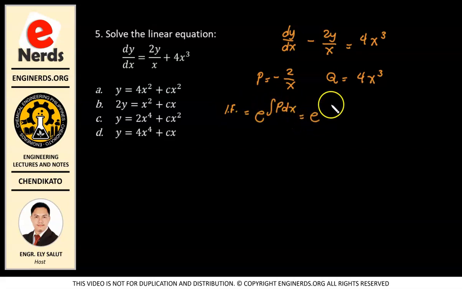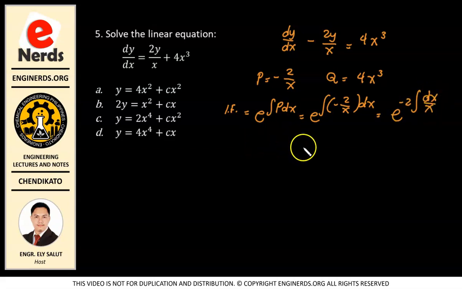So this is equal to e to the integral of p, which is negative 2 over x, okay, dx. Okay, so this is equal to e to the negative integral of, okay, so let me take out na rin yung ating 2. So we have negative 2, okay, integral of dx over x.